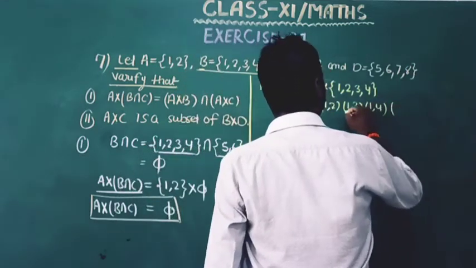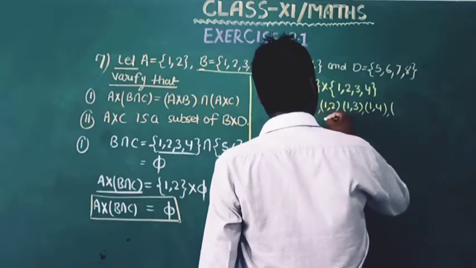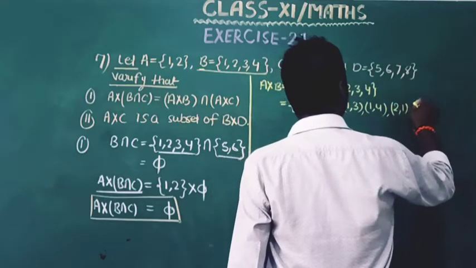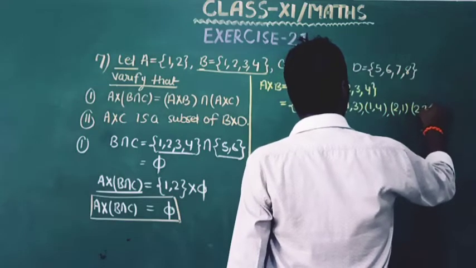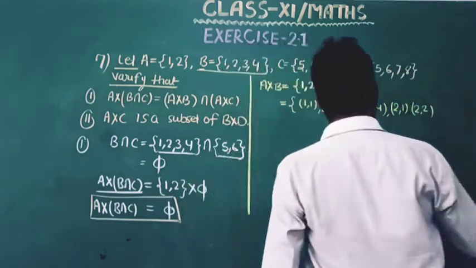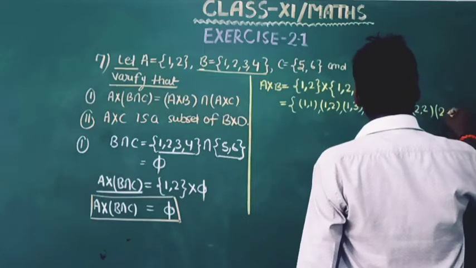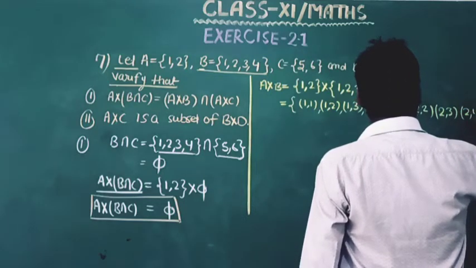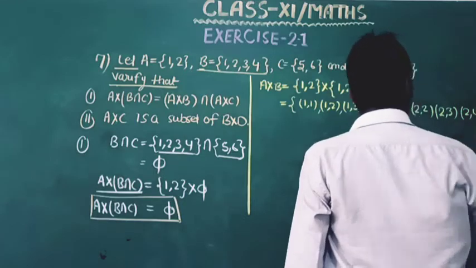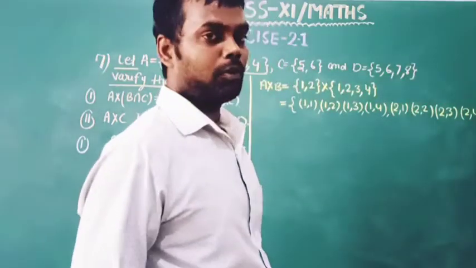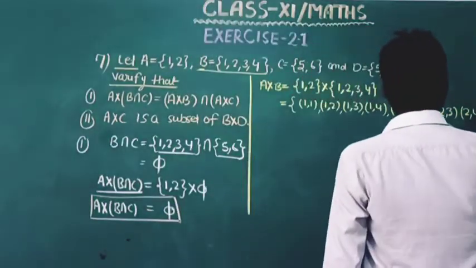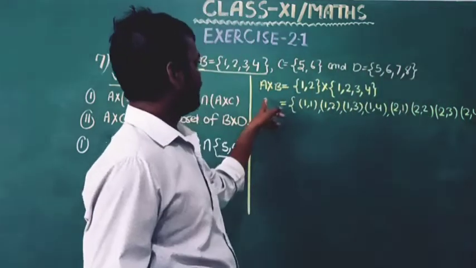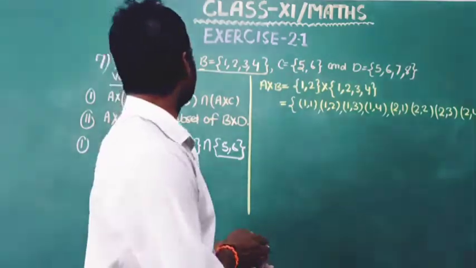Next, 2 ordered pair 1, 2 ordered pair 2, 2 ordered pair 3, 2 ordered pair 4. So this is the Cartesian product A cross B.